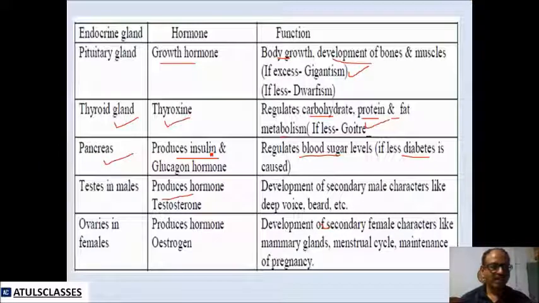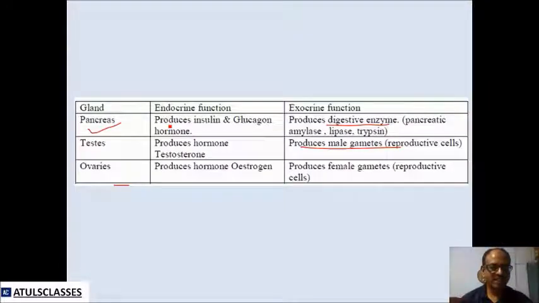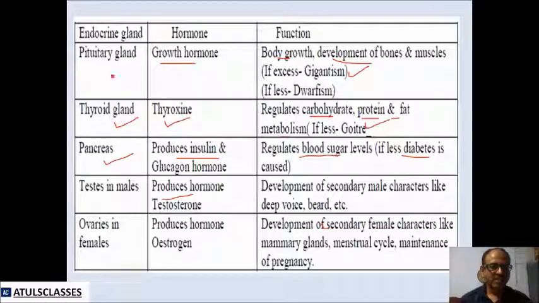The one more important gland that we have not discussed here is the adrenal gland. The adrenal gland is also very important because it is also called a stress gland. It releases a stress hormone, adrenaline, and it protects the body during stress.